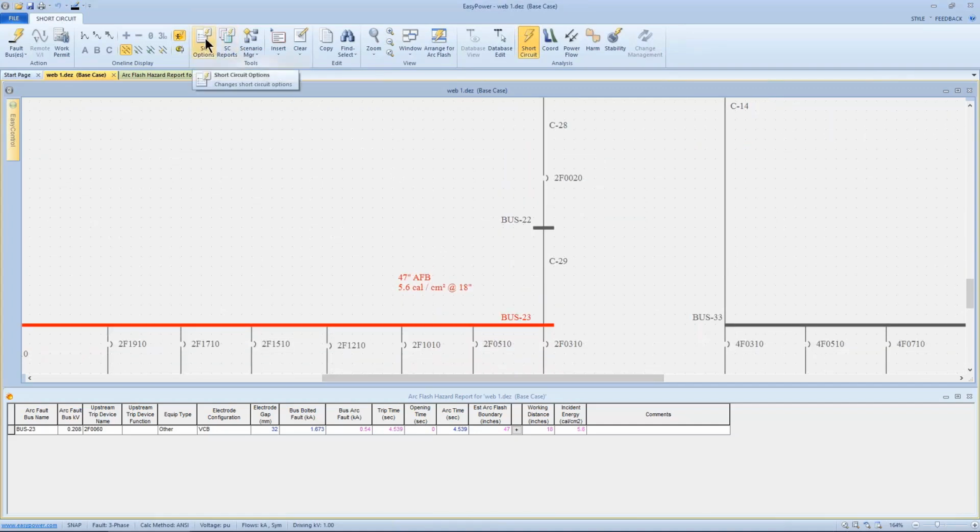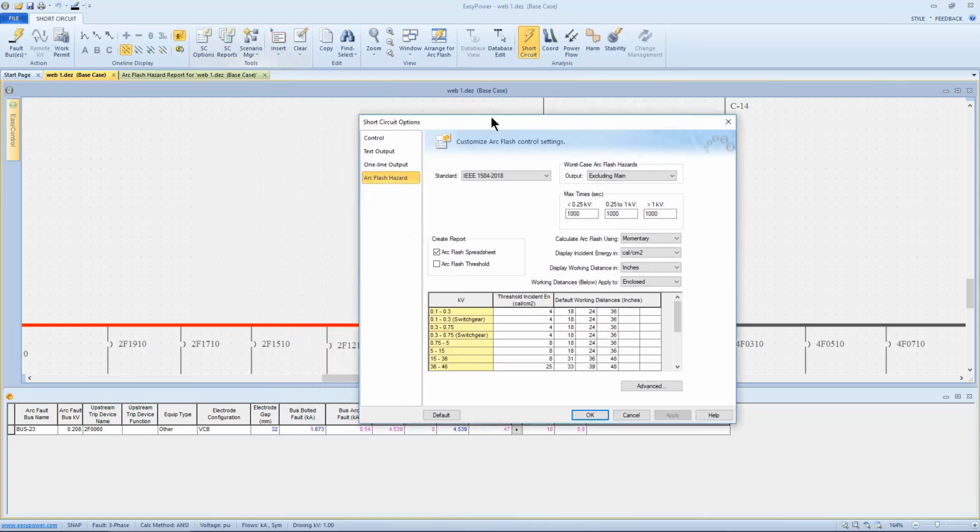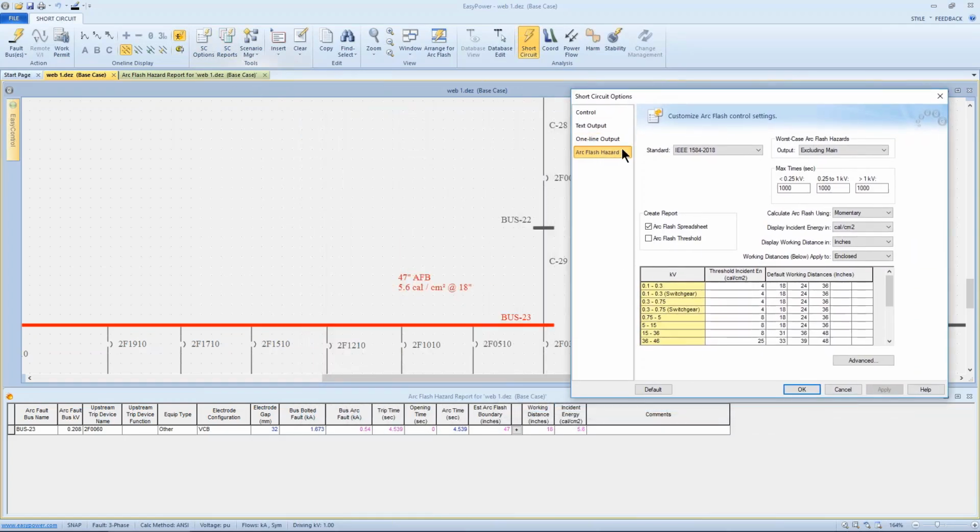So if we go up and look at how this file was set up under our arc flash hazard tab on short circuit options, we see that we're using the 2018 version. We're excluding the main, which is good. We're using momentary current, and we're not limiting the calculation time.